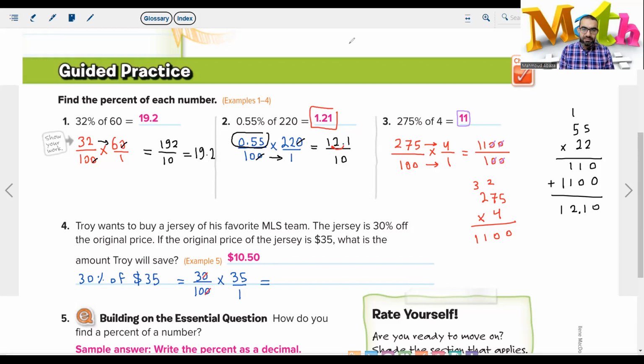So it's like 3 times 35, which is 105, divided by 10. And we know that dividing by 10 will put the decimal point after one digit. So this will be 10.5. So he saved $10.5 or $10.50. We can also say 10 and a half.